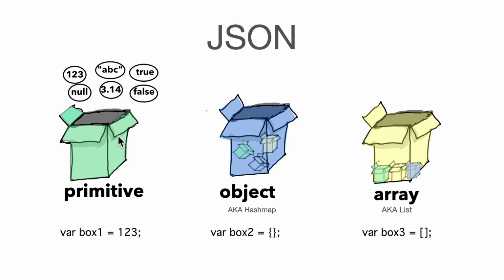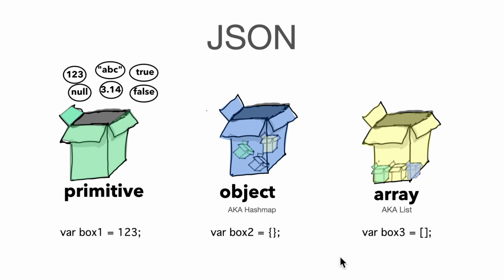The first and most basic box can hold primitives, which basically means it can hold values: numbers, strings, null, or Boolean values like true and false. When I declare a variable, just think about it like I inserted this number into this box. So I just put 1, 2, 3 inside a box that we named box 1. You could name this anything. But this is the most basic type of box.